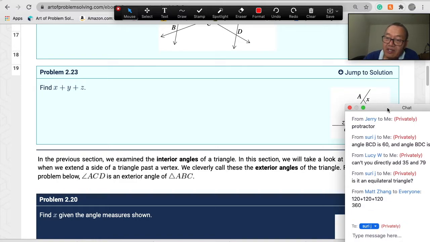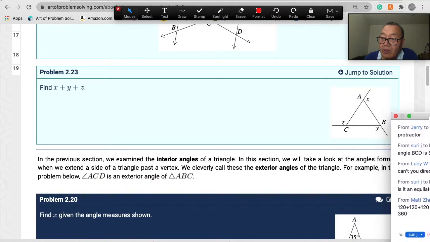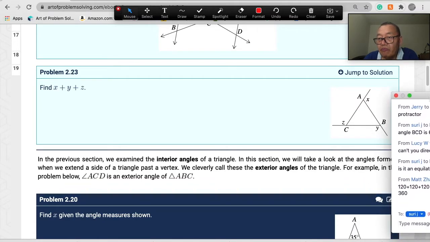It does not matter that this is not an equilateral triangle. But you can suppose that it's an equilateral triangle. Then that will help you think about what the correct answer is.